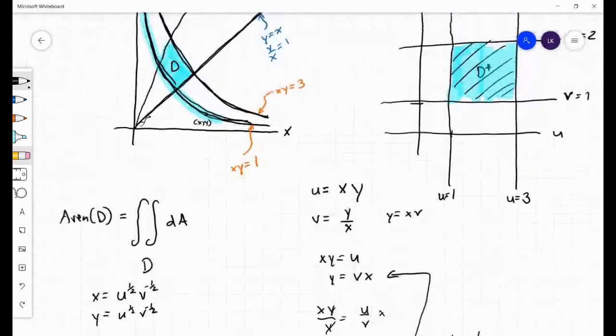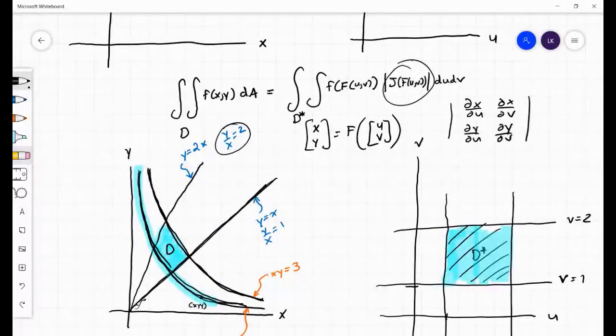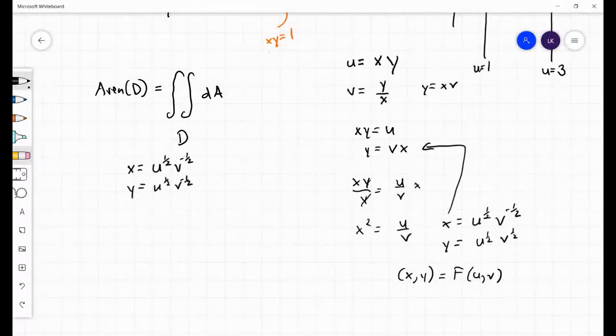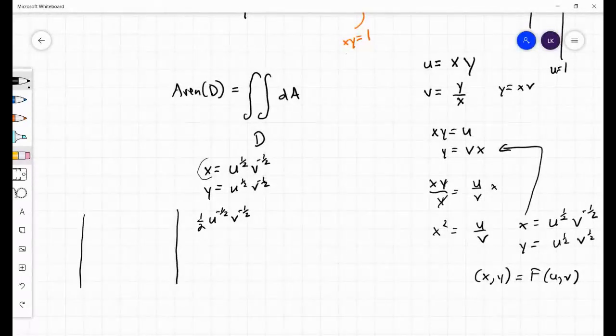So now we can go to our change of variable formula and compute this Jacobian. So the derivative of x with respect to u. Let me write that down just to make sure we're following. Okay. Next, the derivative of x with respect to v.